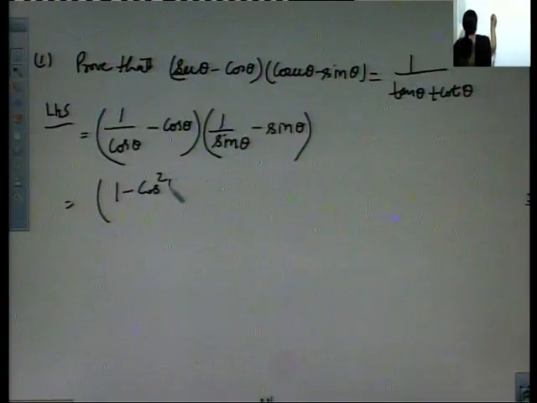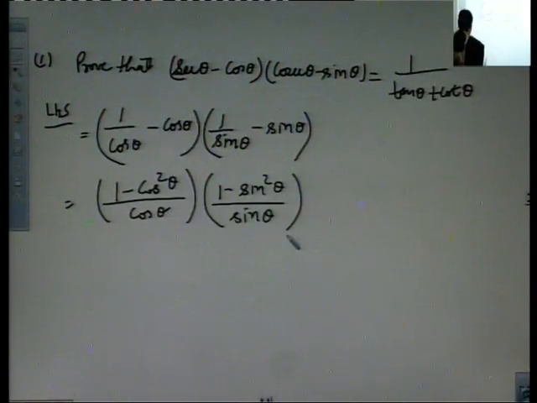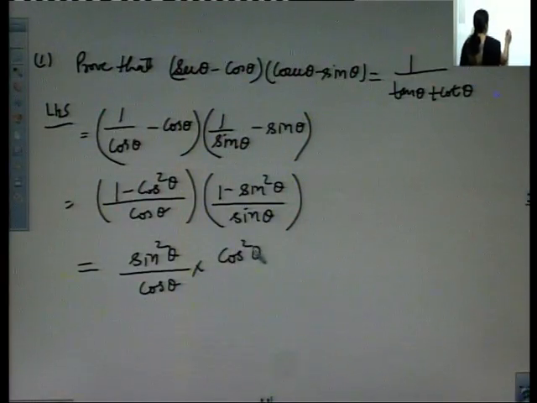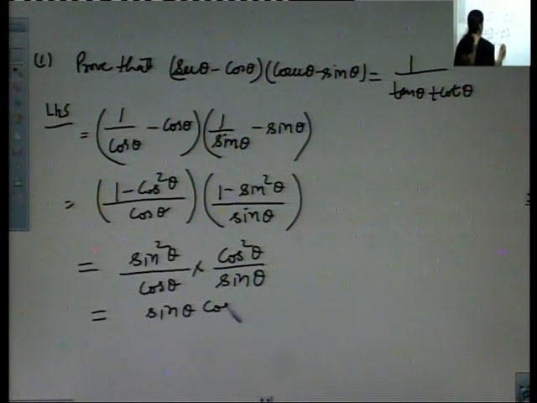So, 1 minus cos square theta upon cos theta, and here 1 minus sin square theta upon sin theta. We know that 1 minus cos square theta is sin square theta, and 1 minus sin square theta is cos square theta upon sin theta. Now by simplifying we get sin theta into cos theta.